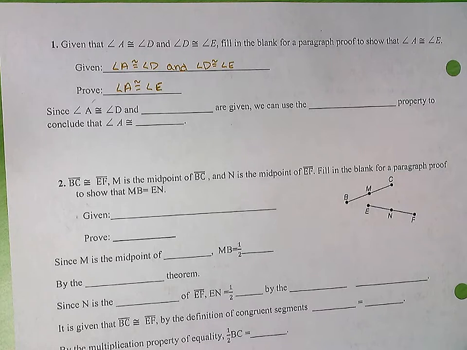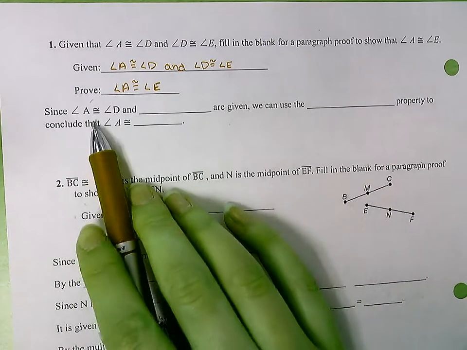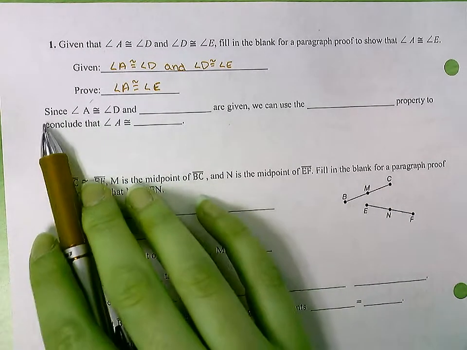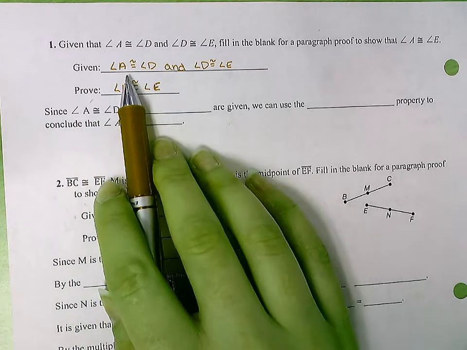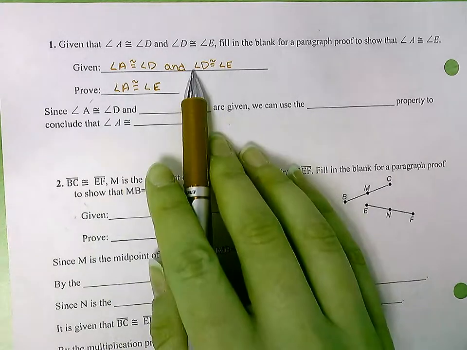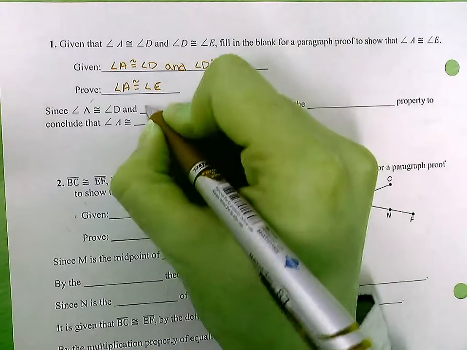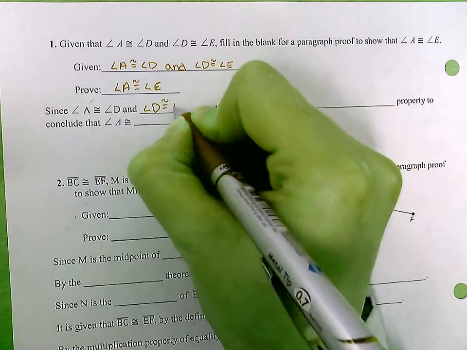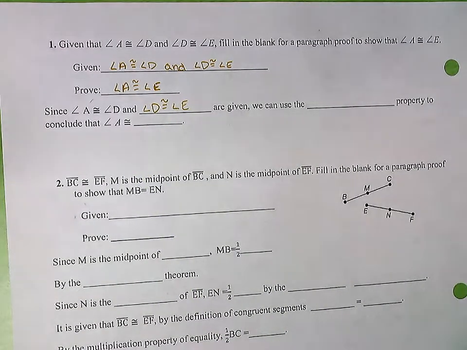Again, we always want to start with our given information. So we'll start with, since our given, we have angle A congruent to angle D. And again, piece of our given, angle D is congruent to angle E. So that's our given.